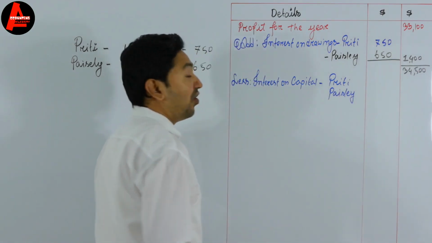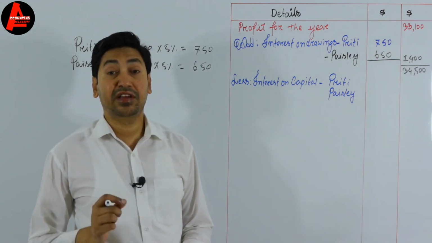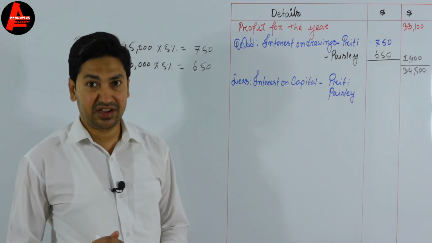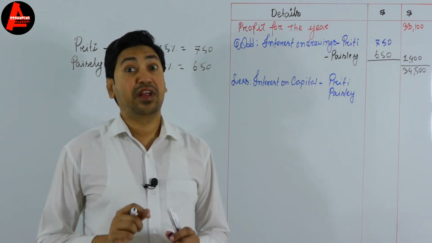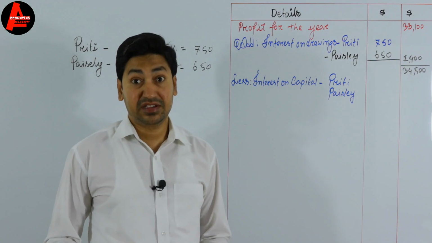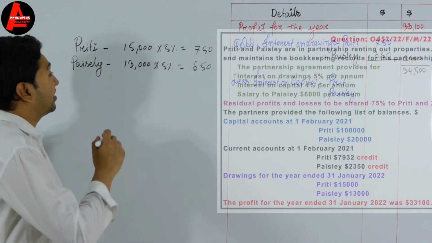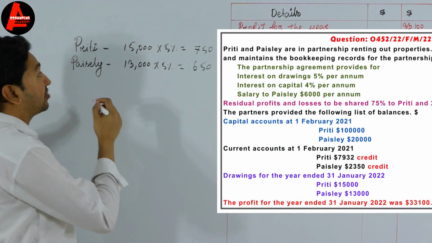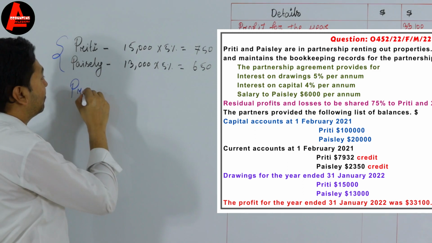Okay, so on the question, the rate of interest on capital is 4%. Yeah. So now we need to know our capital. Capital is $100,000, and for Paisley, capital is $20,000. Yeah. So let us calculate here. Interest on capital. This was interest on drawing. Now here Preeti.